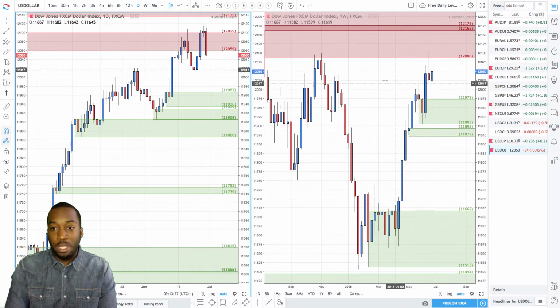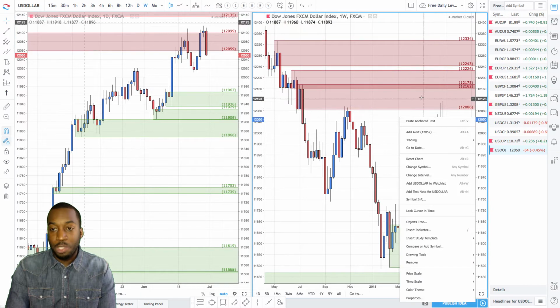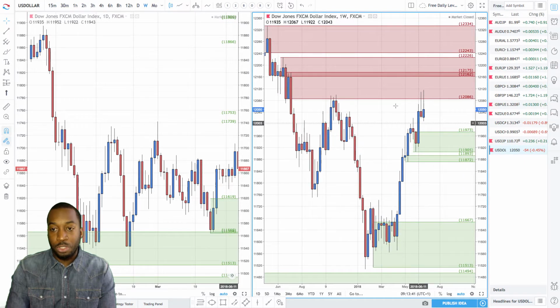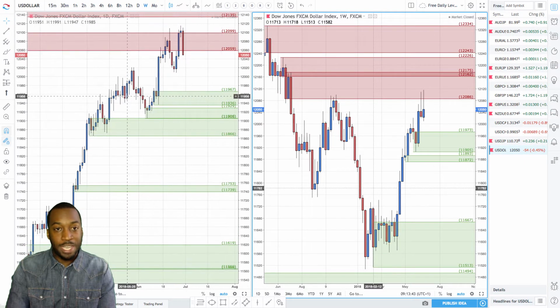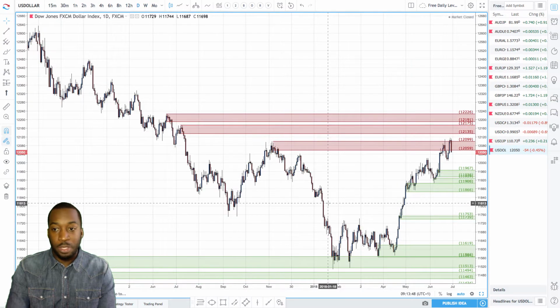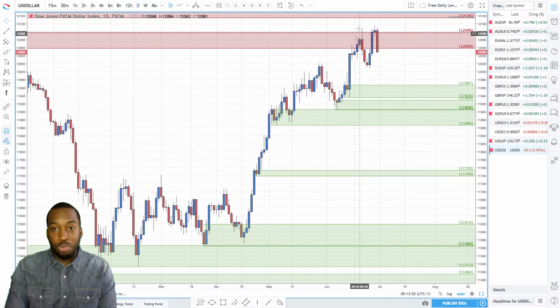What we have on the weekly on the right hand side is last week we had prices come up into this weekly supply zone, and then we came up again, and then there was some supply here. Look what that looks like on the daily time frame chart on the left hand side. You can see that we had prices spike through, put in this outside daily candle, and then prices came up, couldn't really break the highs, and again we have this bearish engulfing candle.